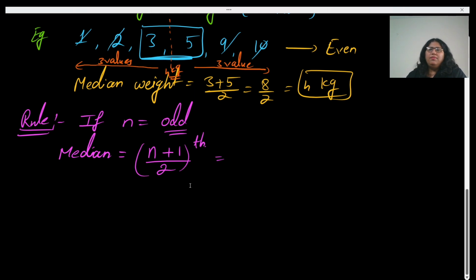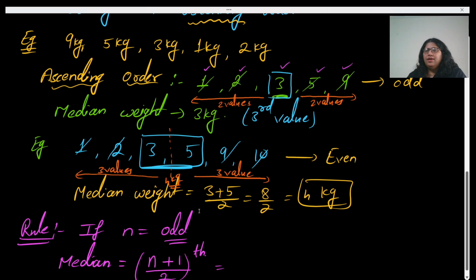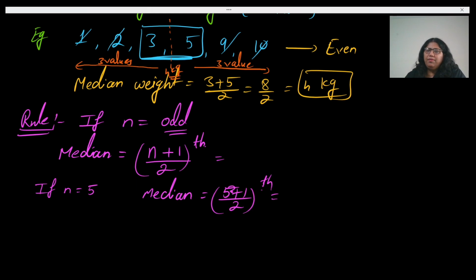Now look here, how many terms are there in the first example? 1, 2, 3, 4, 5, right? So if n is 5, then you need to consider the value from the ascending order. So it's the 5 plus 1th term, which is 5 plus 1, 6, 6 by 2. The third term value is the median.